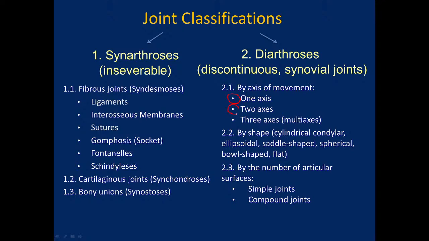Other joints are able to move around two axes, and some of the joints, the most freely moving joints, have three axes, or another term is multi-axis joints.